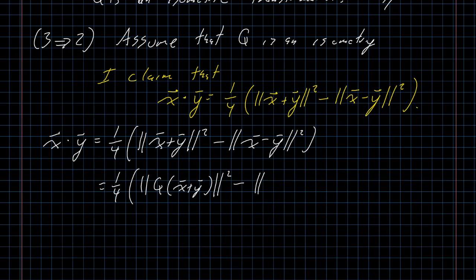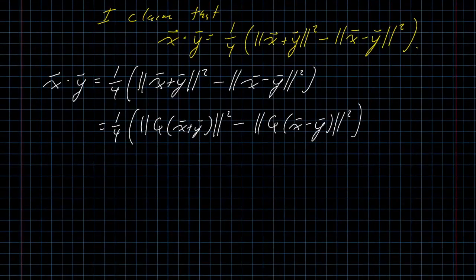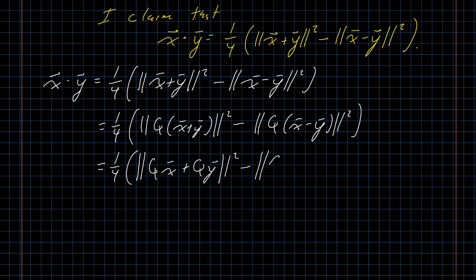And if I took the transformation Q on x minus y, it wouldn't change the norm there either. I can use the distributive property to write this separately as qx plus qy, and the second one separately as qx minus qy.